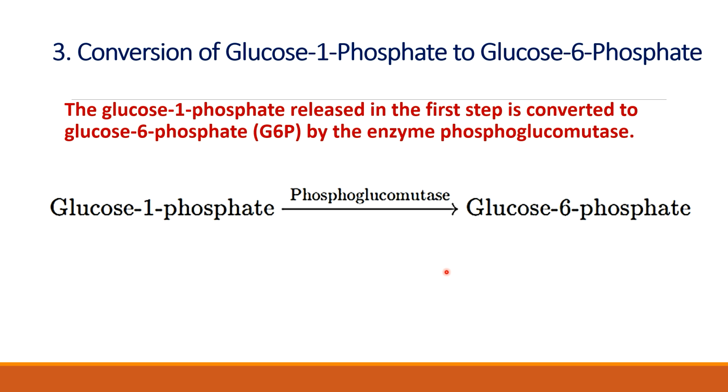The glucose 6-phosphate is the key branch point in metabolism. In muscles, it enters glycolysis. In the liver, it is converted to free glucose, and then it enters the blood to maintain homeostasis of blood glucose levels.